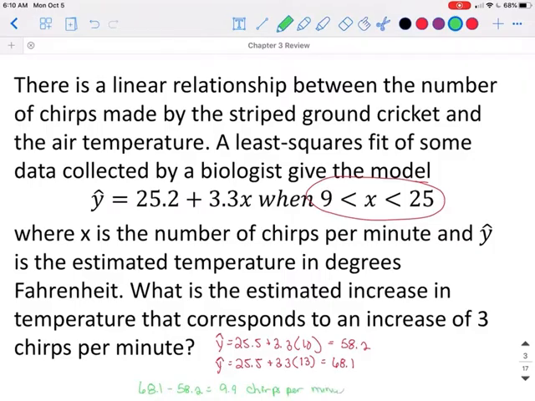And we would expect an increase of 9.9 when the number of chirps per minute is increased by 3.